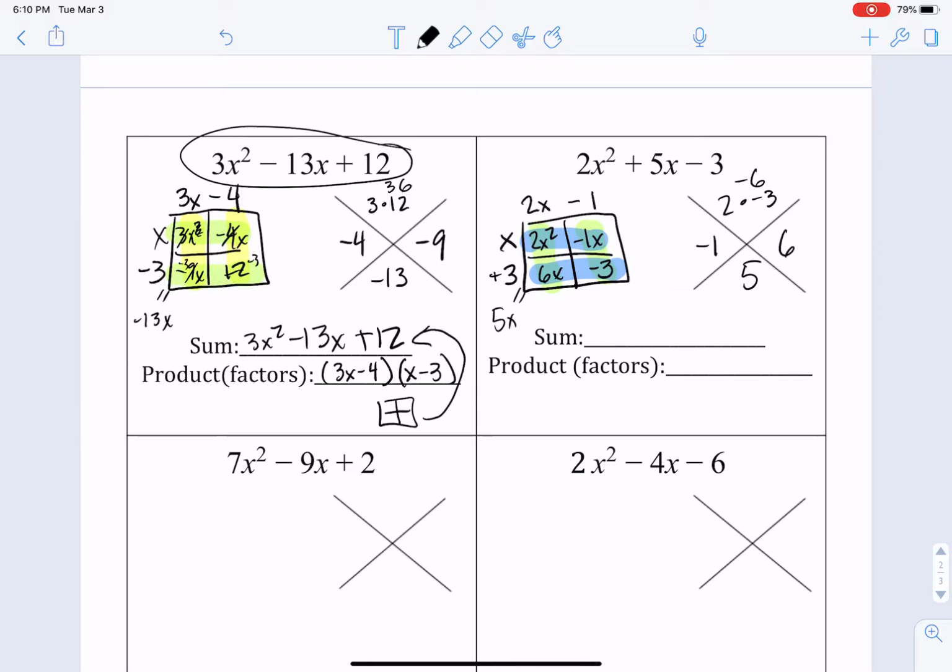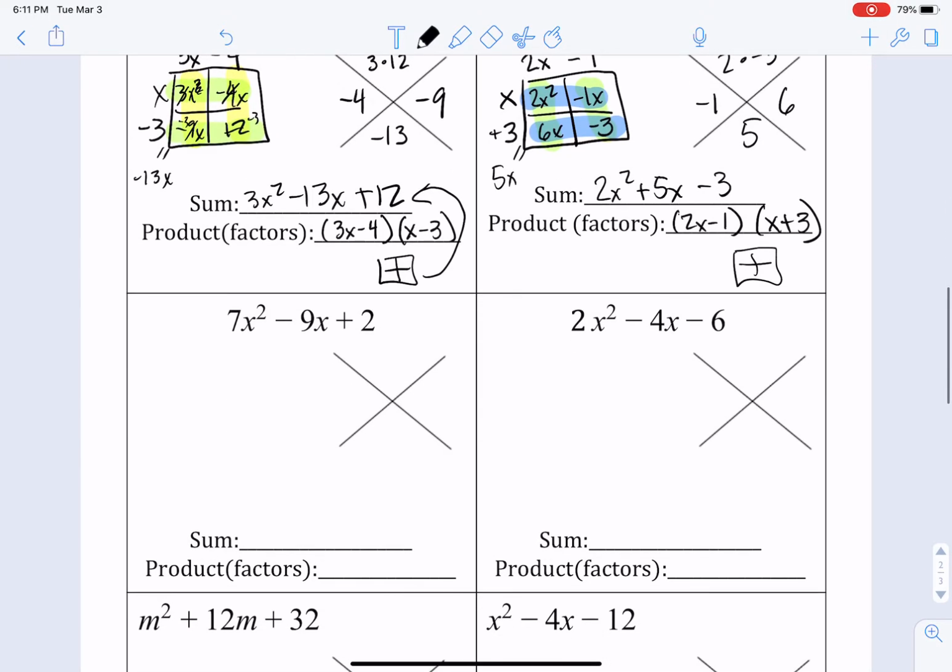So again, our sum is just our original, what we started with, 2x squared plus 5x minus 3. Our product, or our factors, what would multiply together to get us to that sum, would be 2x minus 1 and x plus 3. Again, if you were to do your area model here and multiply those two terms together, it would get us back to that original sum that we're looking at.